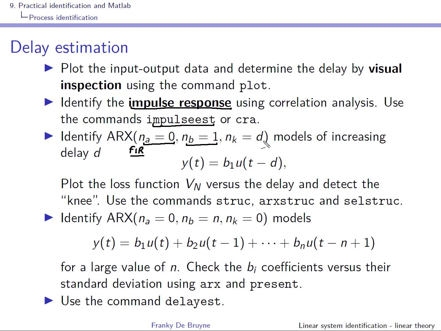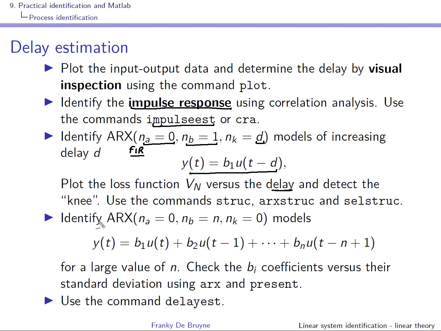And then you identify models with different NK's, and then you can have a look at the loss function based on validation data, and where you detect a minimum, this is going to be the best delay, right?